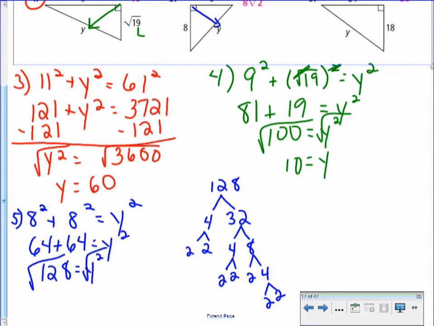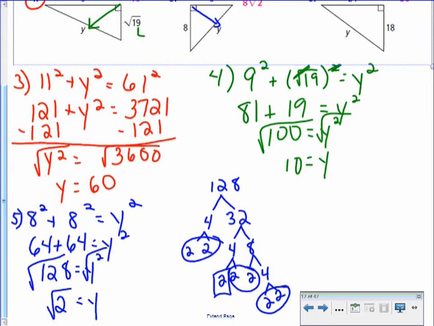So we need to find all the pairs of 2's. So I have one pair of 2's, another pair of 2's, another pair of 2's, and then I have this poor little 2. So my 2 is all alone. It's not in a pair. It has to stay inside the radical. So we'll have 2 on the inside.